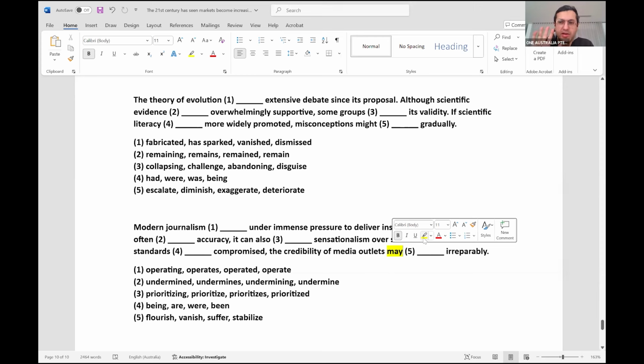For example, let me give a very similar example. If students are negligent with their studies now, they may fail the test. Same example. I'm not sure whether they will or they will not.